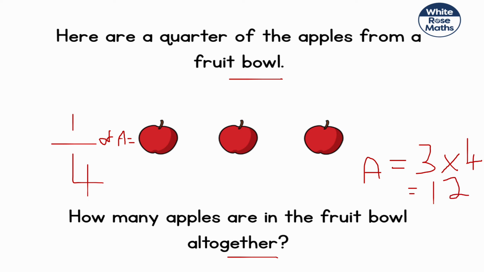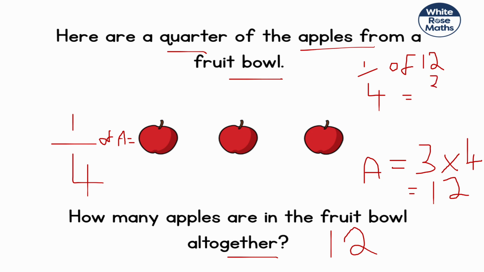And I can check my answer now, because a quarter of 12 means divide it by 4. 12 divided by 4 does give me 3. So that does confirm my answer, because a quarter of 12 means 12 divided by 4, which is 3. And there are 3 apples here.